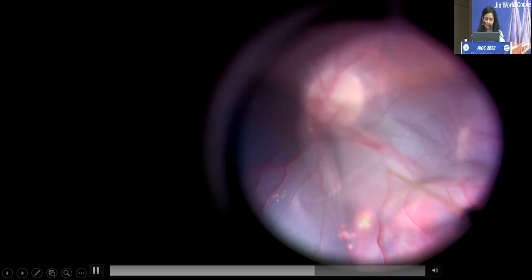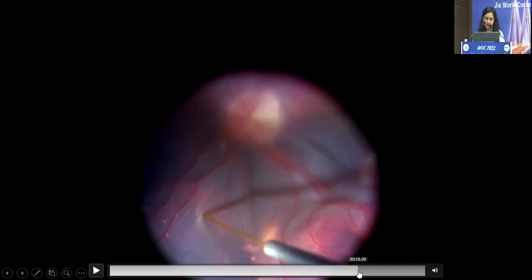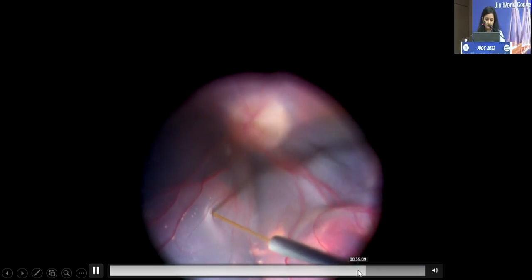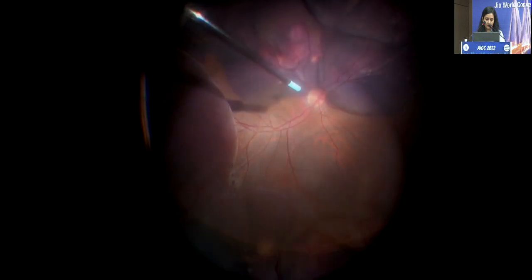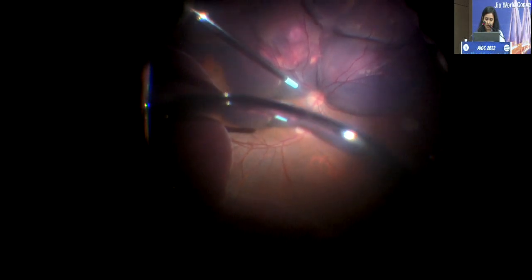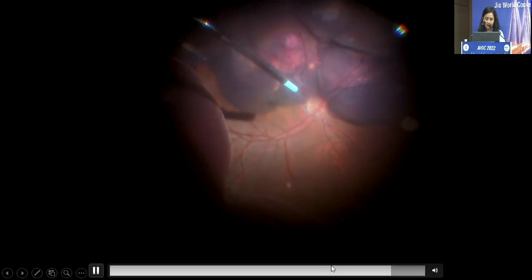This is the tissue plasminogen activator injection. This was followed by a fluid air exchange and then silicone oil injection.